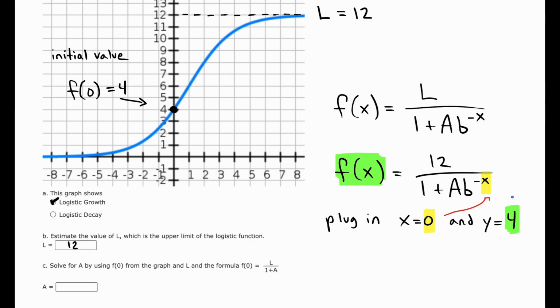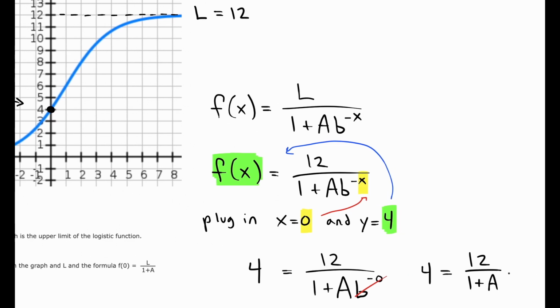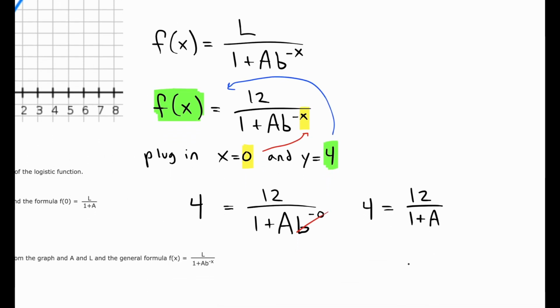So let's plug those things in. 4 equals 12 over 1 plus AB to the negative 0. But the thing about B to the 0 is that it's going to become a 1. And so what we'll really end up with is just that 4 equals 12 over 1 plus A. So this is an equation that we could now solve for A. I'm going to multiply the 1 plus A to the other side with algebra, giving us this.